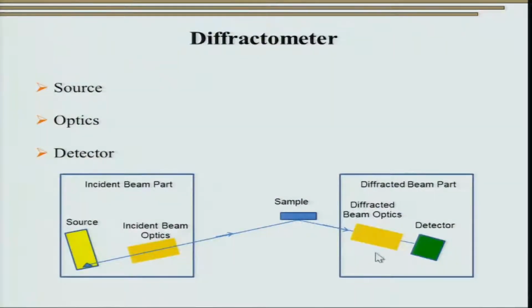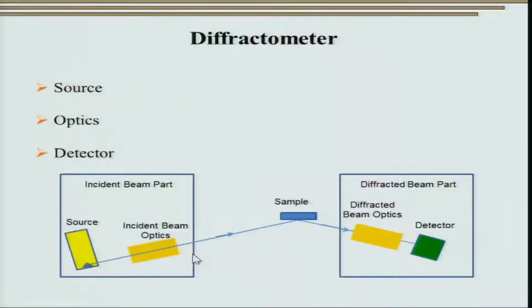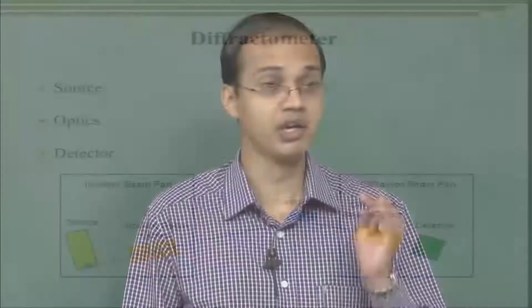I would like to mention again and again that the entire exercise of going for incident and diffracted beam optics is to ensure, one, that we are looking at the wavelength of interest, because in most of the studies the wavelength has to be constant, and second, that the profile of the beam remains the same. Therefore, the need for the optics in X-ray diffraction.